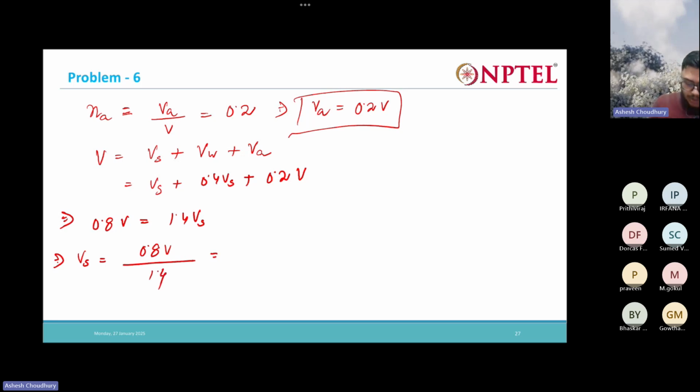So 0.8 times what is the total volume? 196.35 by 1.4. So now if we do this, we will get the volume of soil solids as 112.20 cc. Okay, right? So this is how we got the volume of soil solids.